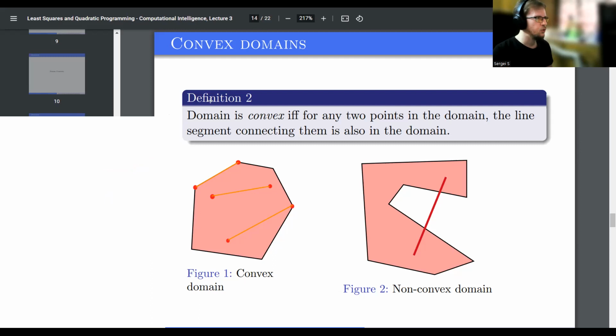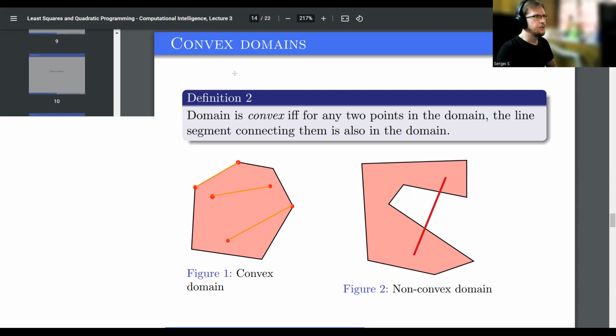Now, just a couple examples of non-convex domains. For example, something like this is non-convex because I can draw a line like this. Part of the line sticks out, so non-convex. What are other non-convex domains? Well, for example, something like this is non-convex. You can see already where I can draw a line which would stick out. So this is non-convex.